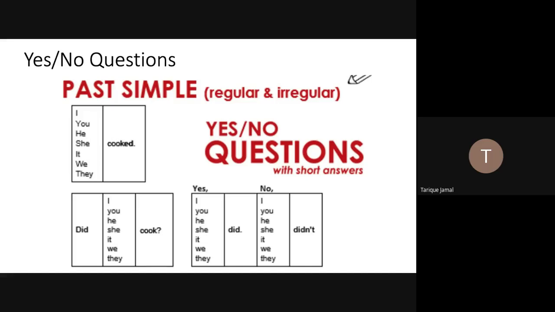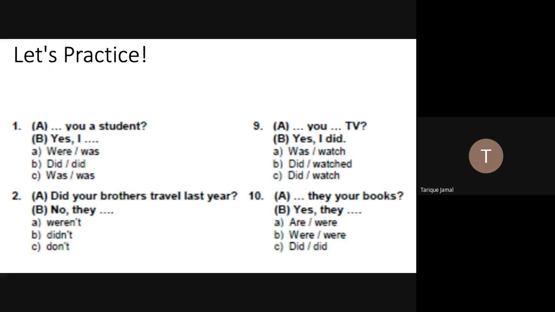All right, let's move on. So let's practice. Look at the questions. There are a few questions here. So look at number one. Blank you a student, blank I was. So the first part is a question, and the second part is your answer.